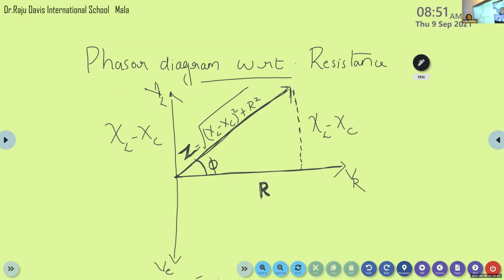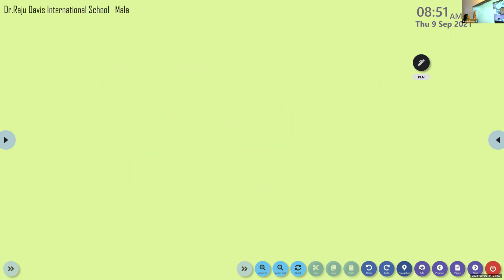So here we get a triangle. That triangle is known as impedance triangle, or normally you can call it impedance diagram. The Phasor diagram with respect to resistance is also known as impedance diagram.